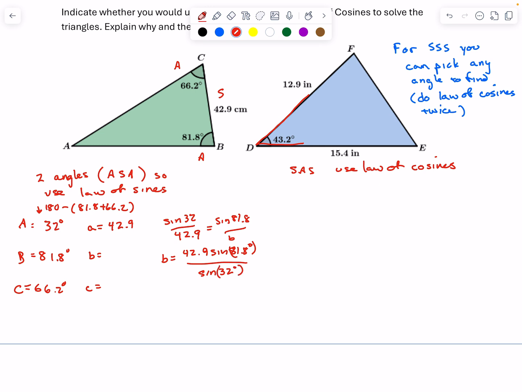Okay, so B comes out to 80.13. And again, you can just substitute in angle C to find side C.